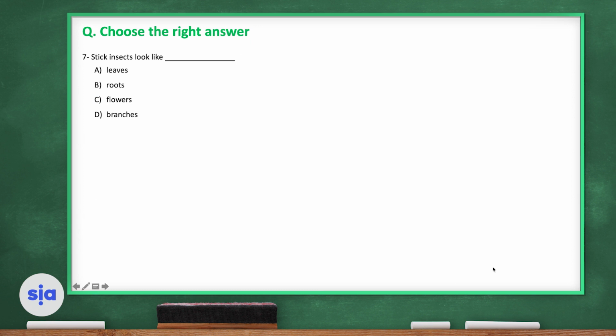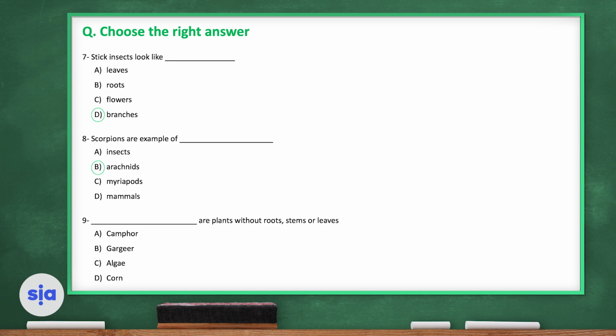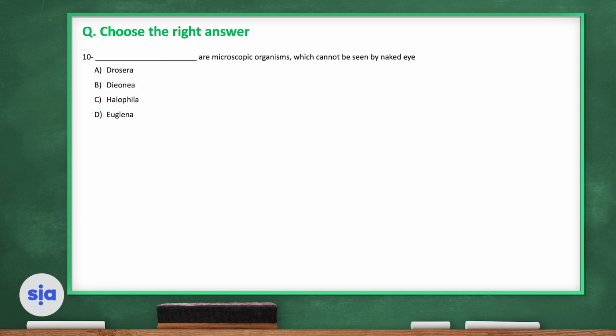Stick insects look like leaves, roots, flowers, branches. Scorpions are an example of insects, arachnids, myriapods, mammals. Arachnids. What are plants without root, stems, or leaves? Camphor, gargir, algae, corn. It's algae.